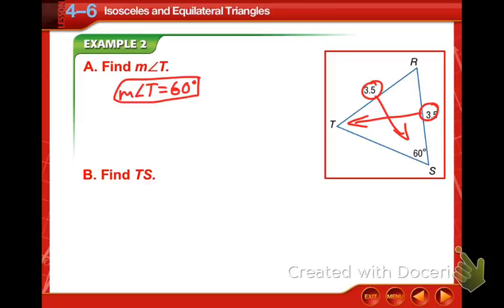And TS, since we now know that two of our angles are 60, the only thing left is another 60 degrees for angle R. So that means all of our angles are 60, so it's equiangular, which means it's equilateral, which means that TS is the same as the other two sides we already know, at 3.5.